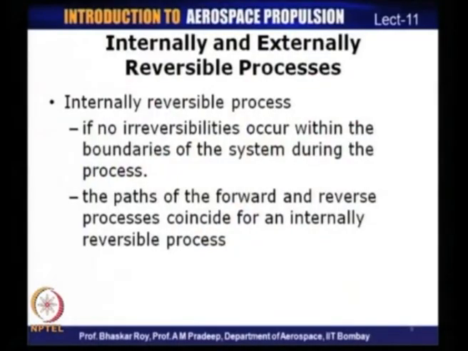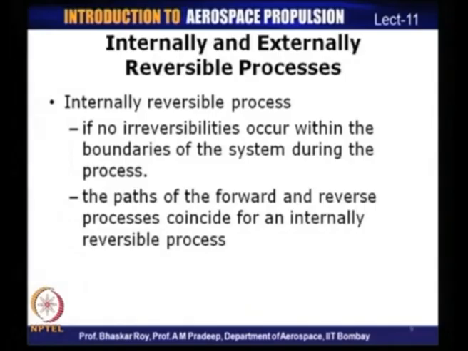Now, let us also look at what types of reversible processes are feasible. There are two types of reversible processes that are possible: internally reversible processes and externally reversible processes. An internally reversible process is one in which no irreversibilities occur within the boundaries of the system during the process.